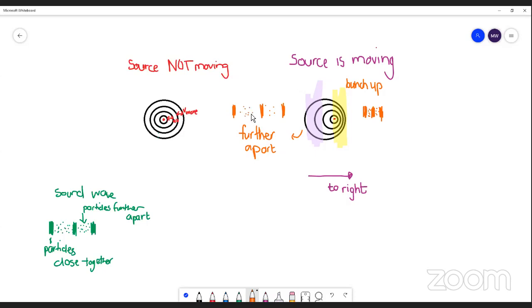Why that is important is that with the Doppler effect, we are trying to explain why someone standing on the sideline hears the frequency differently to what is being given off by the source. So if I quickly erase that bit.